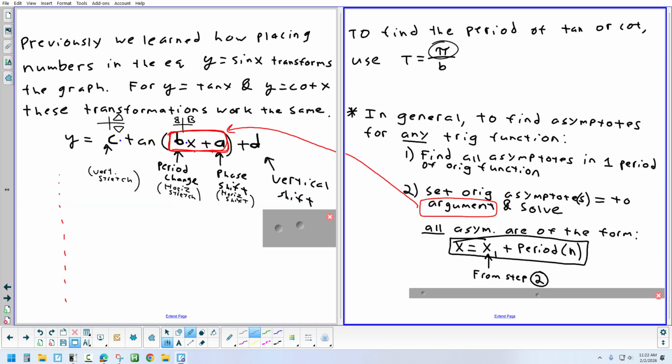So once you find one asymptote from step 2, you need to add the period times n. What that does is tell me that asymptote repeats every cycle. Because there's infinitely many, and it is impossible to write them all down, the best you can do is tell me how often to look for it repeating.